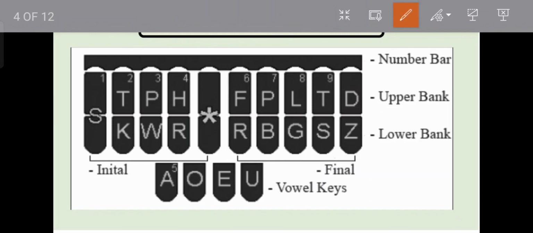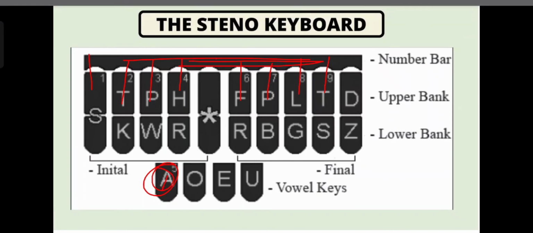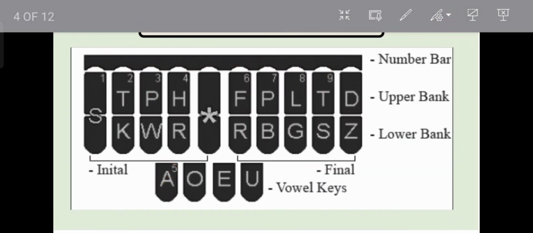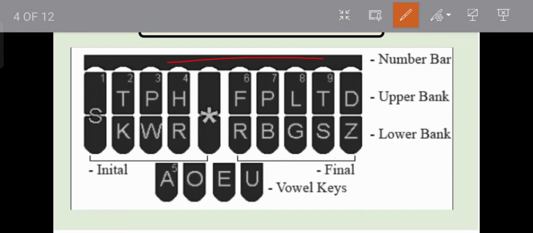If you want to stroke 1, you have to press the number bar and S together. Again, if 2, this; if 3, this; if 4, this; if 6, this; if 7, this; if 8, this; 9, this. And 10 is this one: the number bar and your left thumb, which is on the A. And if 0, the number bar alone, not this one. If, for example, number 5, you press the number bar and this one.